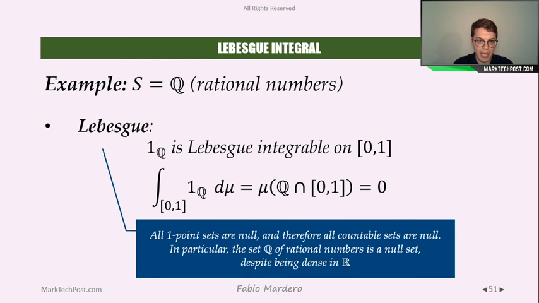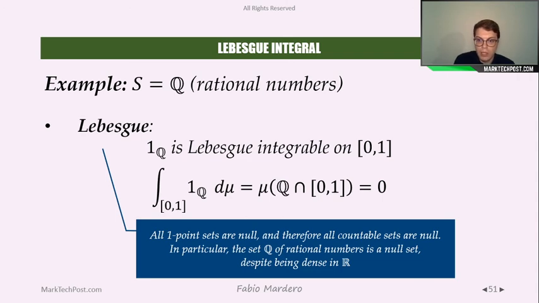Instead, with the Lebesgue integral, we can say that all one-point sets are null, will have measure 0, and therefore all countable sets are null. Well, we can take one point at a time, and we can say that each one-point set has measure 0.